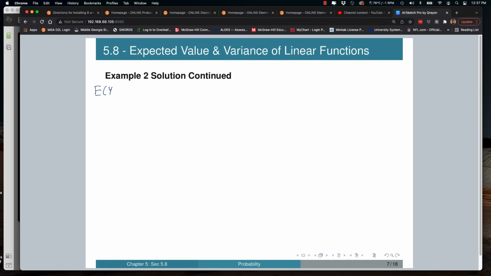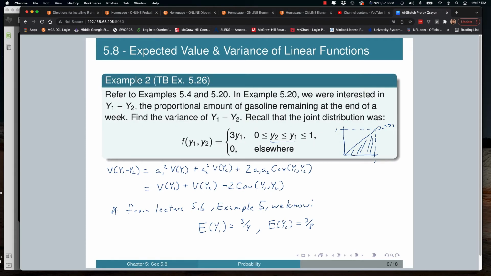So the expected value of y sub 1 squared is equal, and remember, using this form over here, I'm going to set all my double integrals up to go in the y sub 2 direction first, 0 to y sub 1, and then from 0 to 1 for each one of these to keep them consistent so I don't have to think about those limits every time.